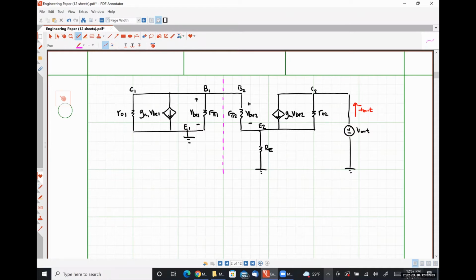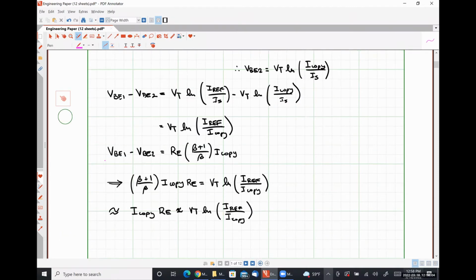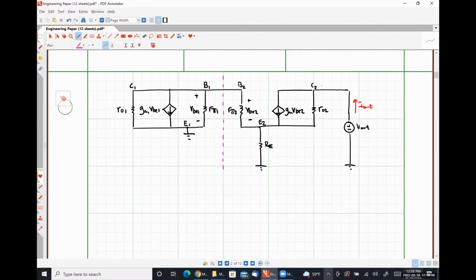So effectively, if we go back to our original circuit here, all of those assumptions that I just made really say is that this circuit is used to establish the bias point of this circuit, which is exactly what current mirrors do, right? So this guy gives us the DC operating point of this guy. So we're treating everything to the left of that pink line effectively as if it were grounded.